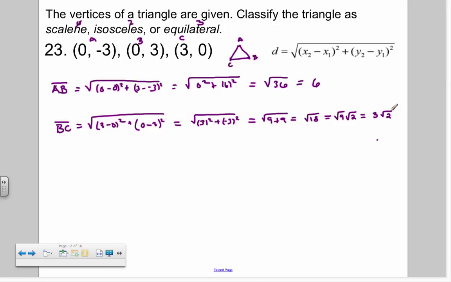So far we already know that this is not an equilateral triangle because sides AB and BC are not equal. What I want to find out is, is it an isosceles triangle? So I have to go ahead and figure out the length of AC.